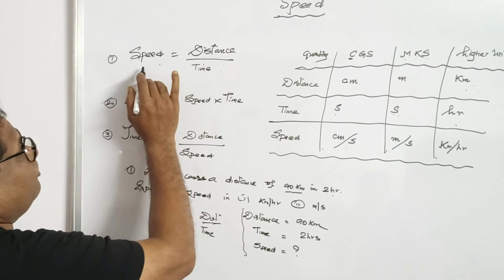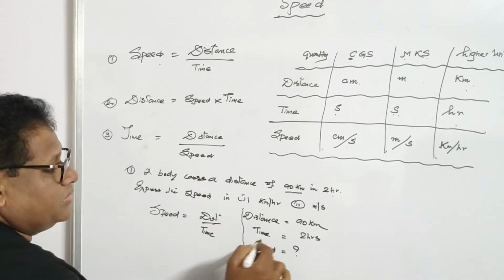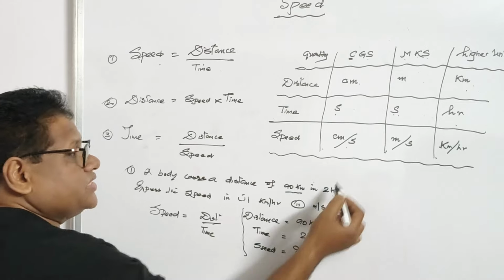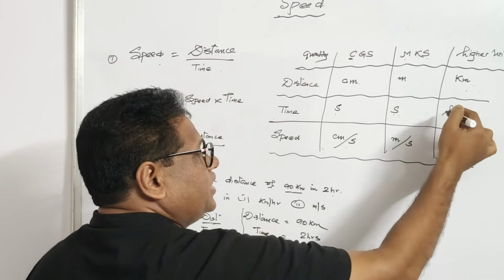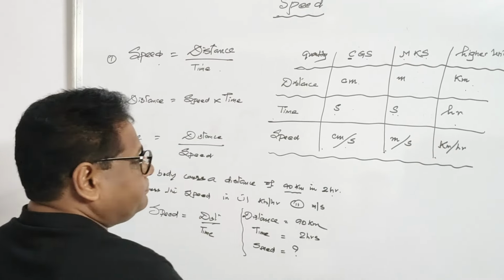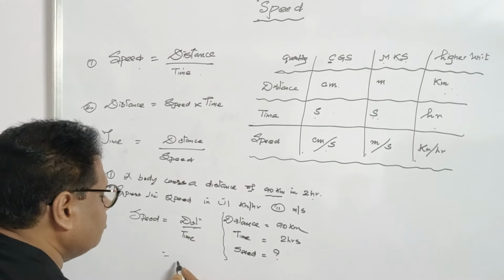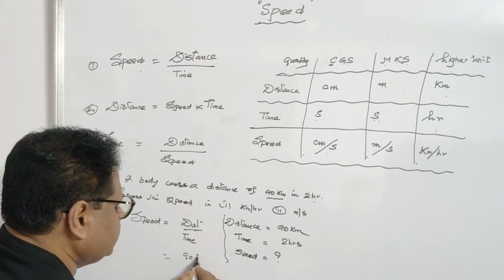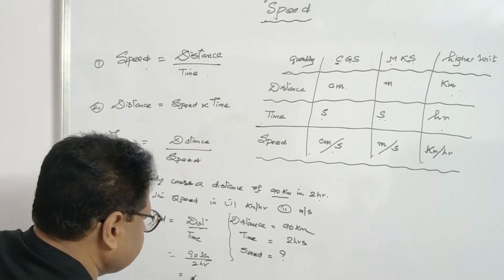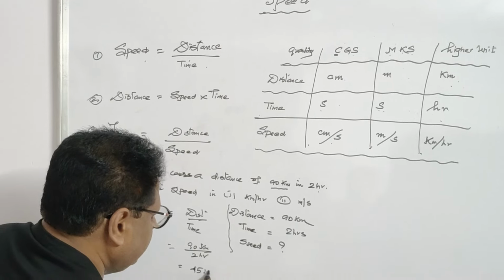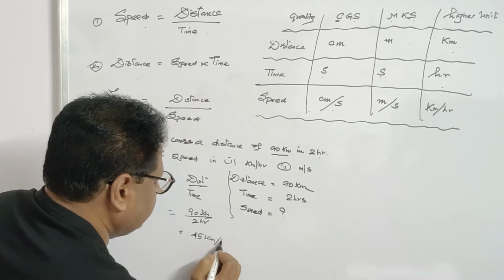So apply the formula for speed, provided you are confirmed that all the units are in the same system. Here the system is the higher unit, that is kilometer or kilometer per hour. So now apply the formula. Distance is 90 kilometers, divided by 2 hours, so it comes to 45 kilometer per hour.